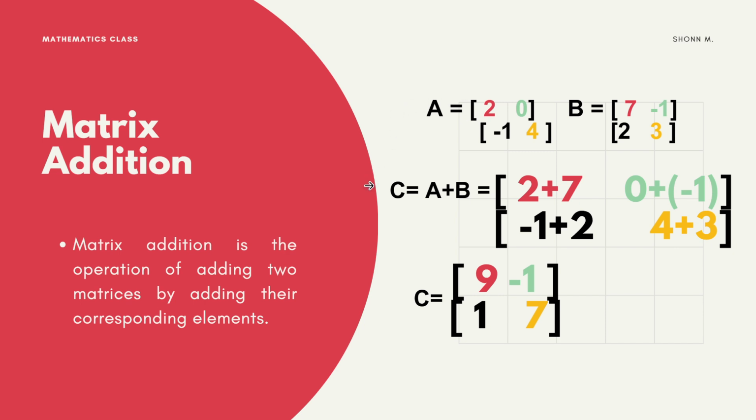So to have our matrix C, we have to add A plus B matrices, which is 2 plus 7, 0 plus negative 1, negative 1 plus 2, and 4 plus 3, which concludes that matrix C is 9, negative 1, 1, and 7.